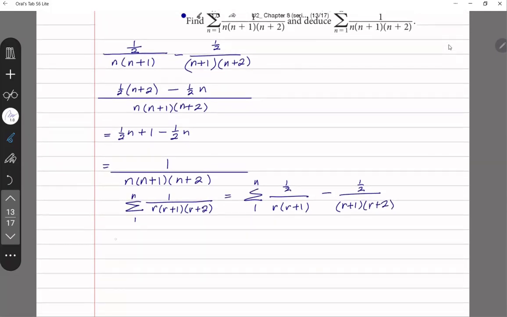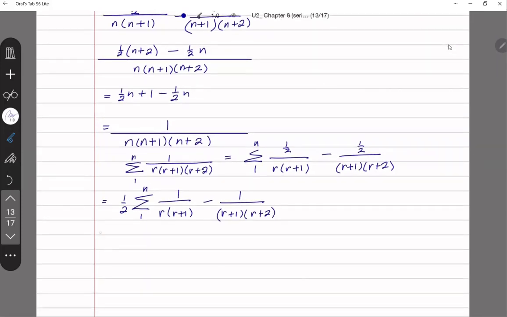This is the same as saying a half, bring the half to the front, from 1 to n of 1 over r into r plus 1 minus 1 over r plus 1, r plus 2.